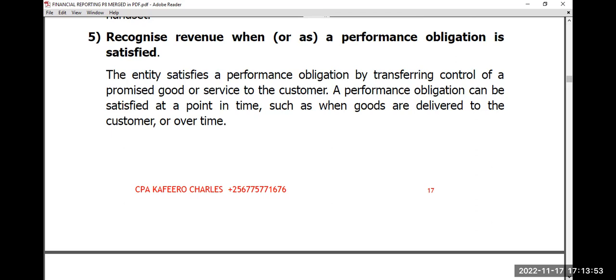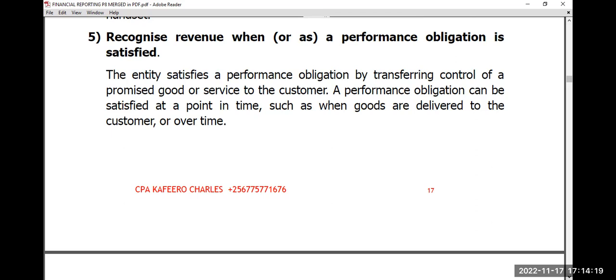The seller is going to transfer the control of the promised goods or service to the customer. A performance obligation can be satisfied at a point in time, such as when the goods are delivered to the customer, or over time.